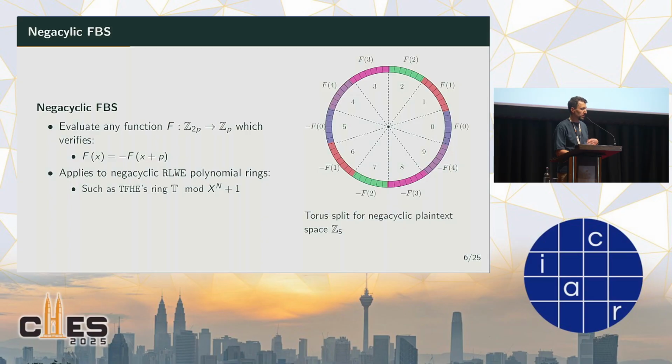So it's a function which changes sign over the second half of your plaintext space. And this property is due to the fact that we use a negacyclic polynomial ring in implementations like TFHE.